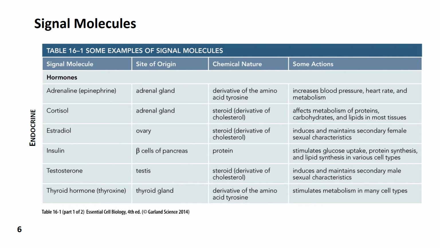Others are proteins like insulin, and others are amino acid derivatives like epinephrine and thyroid hormone. So the type or the chemical characteristic of the signaling molecule is one parameter that we might consider. And again, in the previous slide, another parameter of signaling molecules is the path that they take.